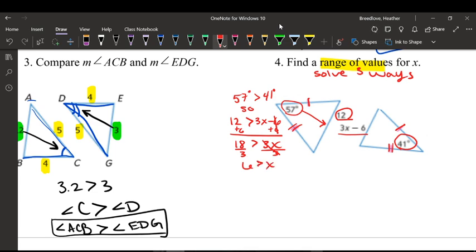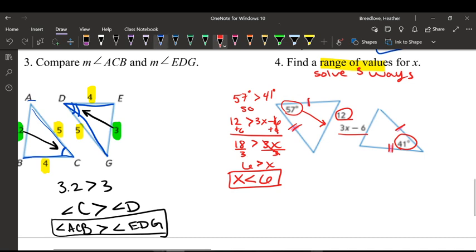It's probably a good idea to write it always with the x on the left, just so when you compare them, your brain isn't working with flipping the symbols. So x is less than 6. There's my first possible answer. It may be the only answer, I don't know yet. But x is less than 6.